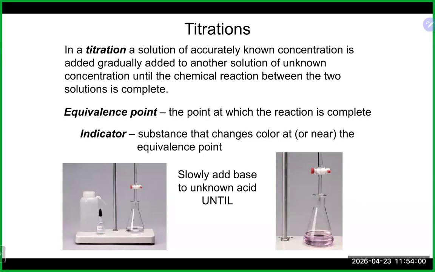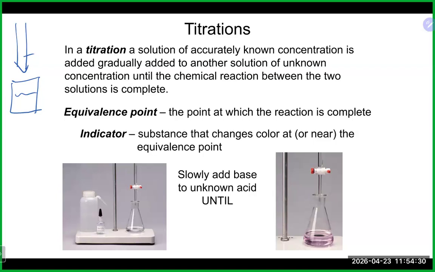We usually add the known solution through a burette, and we do a titration here. We typically do this titration to help us understand something about the unknown solution. Through the titration, we can use something like stoichiometry to figure out the concentration of the unknown acid. You could also figure out something like its equivalent mass or molar mass.